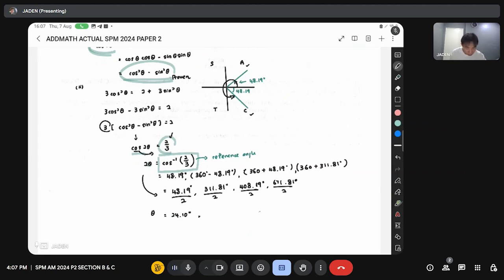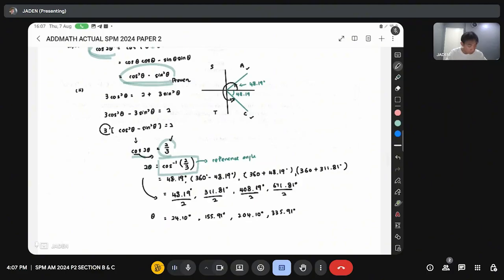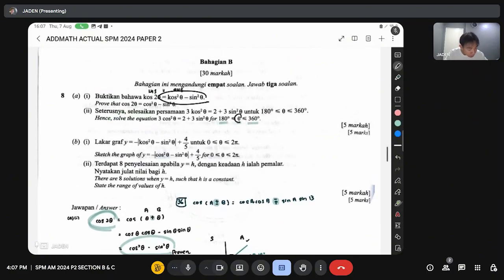And then 311.81 divided by 2, you get 155.91. 408.19 divided by 2, you get 204.10. 671.81 divided by 2, you get 335.91. Okay, and you still have to be careful because the question only wants theta from 180 to 360.